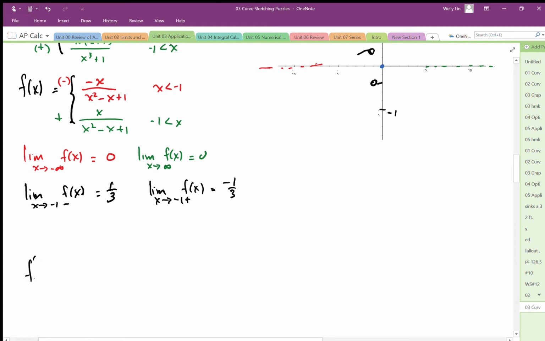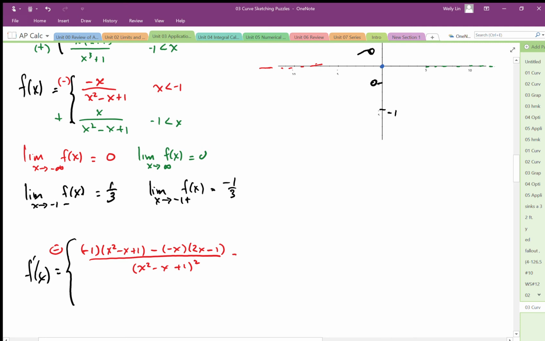So f prime of x is going to be equal to, for my negative version, -1 times x squared minus x plus 1, minus -x times 2x minus 1, all over x squared minus x plus 1 squared.